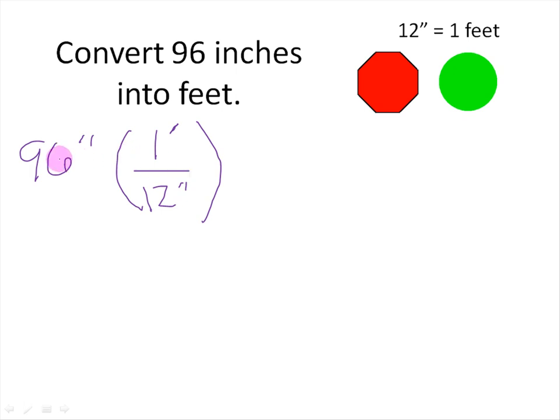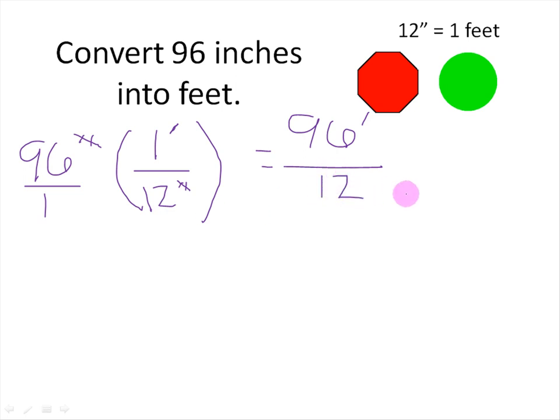We're going to multiply, we can cancel the inches with the inches. So now we have the pure number 96 times 1 foot. That's going to equal 96 feet. And over the pure number 12, the inches are gone. And this is just over 1, so 1 times 12 is 12.